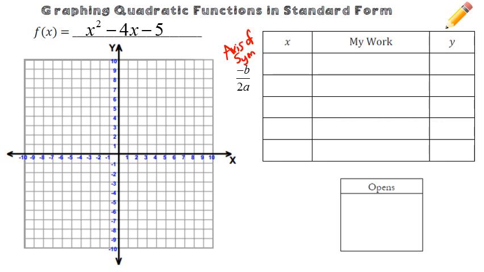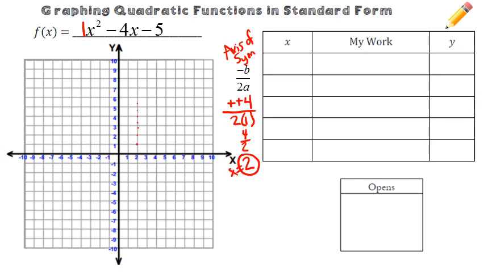So we want to use negative b over 2a. My b value is already a negative 4, so we know that a double negative becomes positive. Times 2 times a, technically my a is 1, which gives me 4 over 2, which is equal to 2. That means my axis of symmetry is x equals 2.